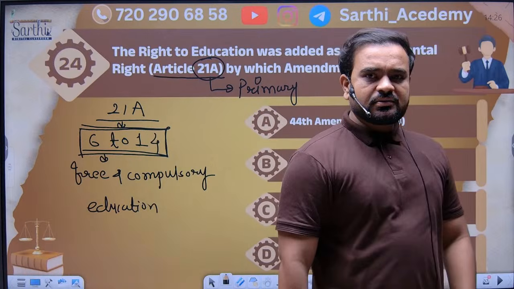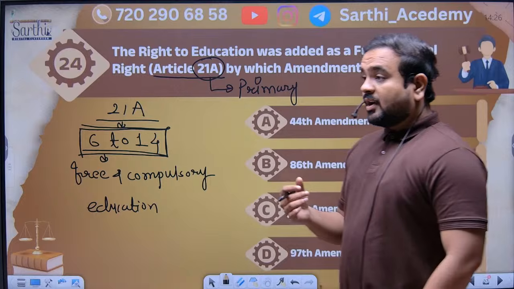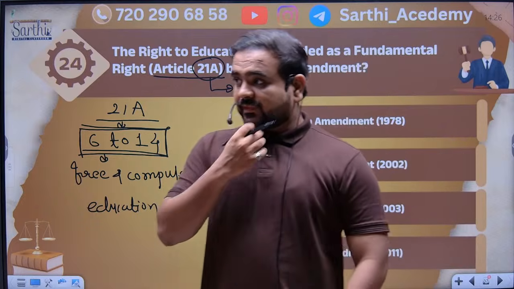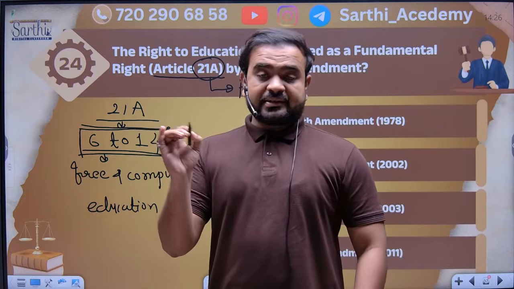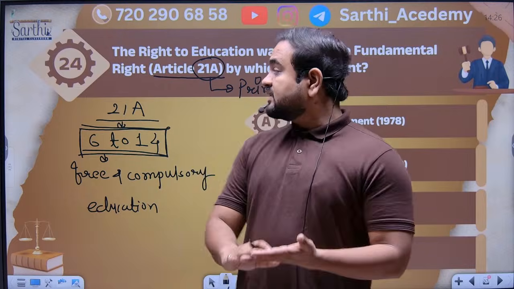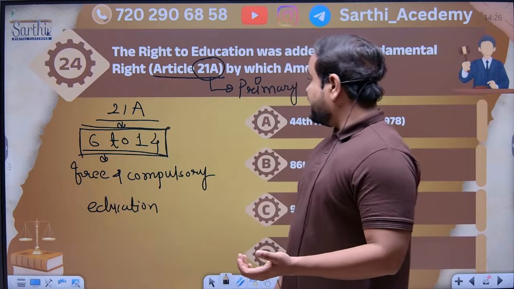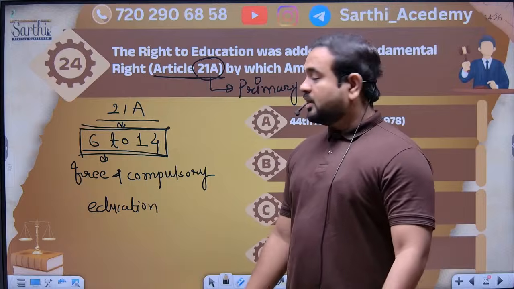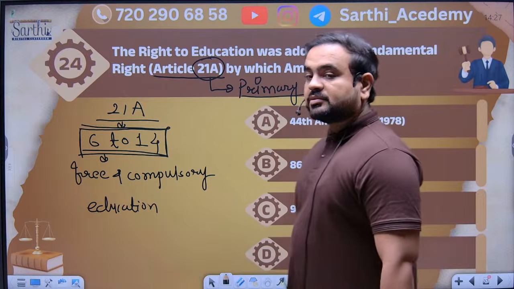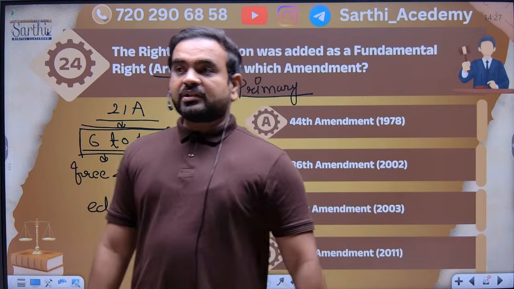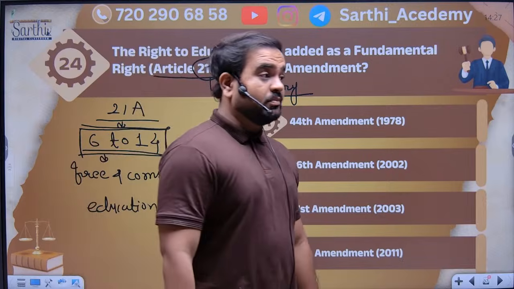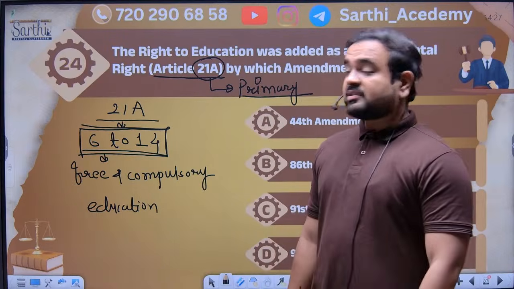Can I say that? Such a question has come in UPSC, that is why I ask. Let's say there is a statement in your examination that says article number 21A is provided for taking primary education, because it is free and compulsory primary education.